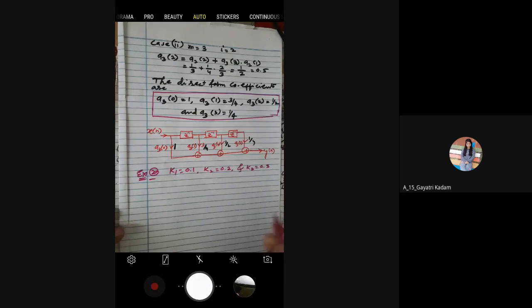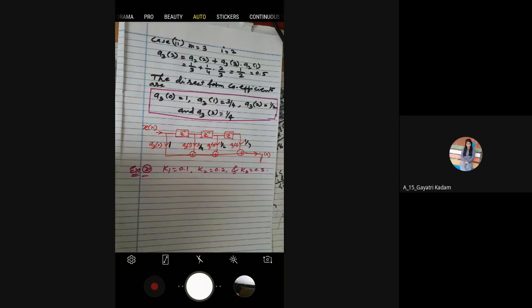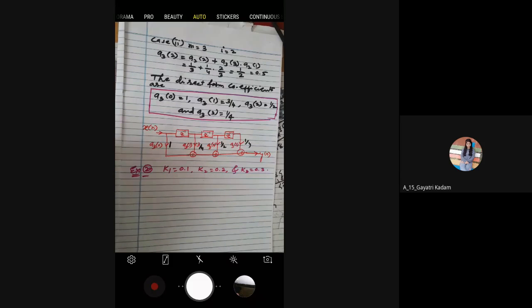Find the coefficients of direct form 1 and draw its block diagram.